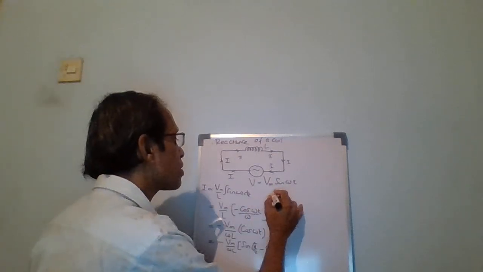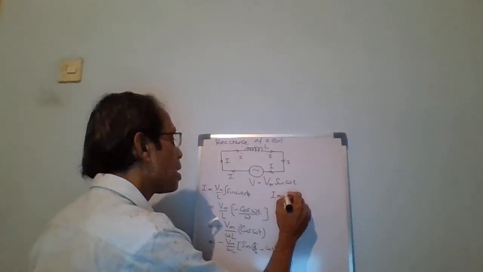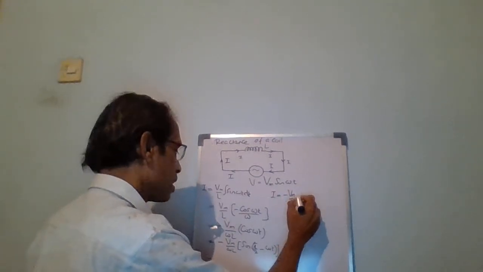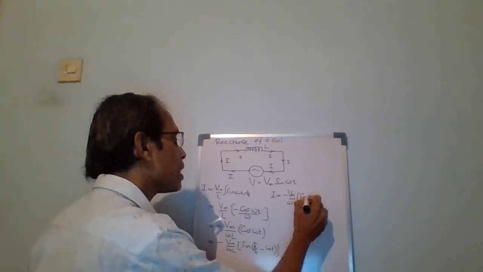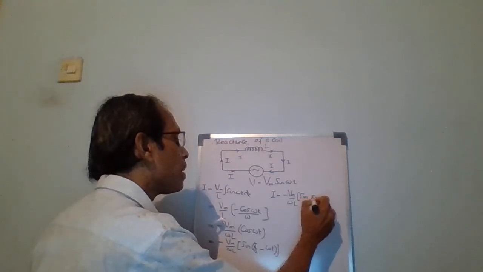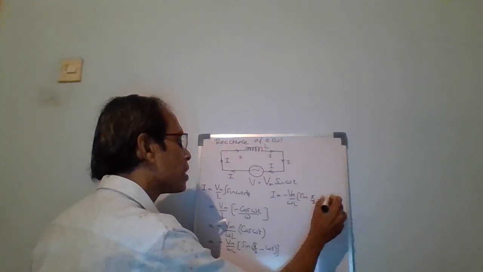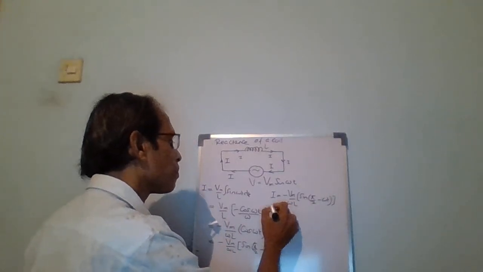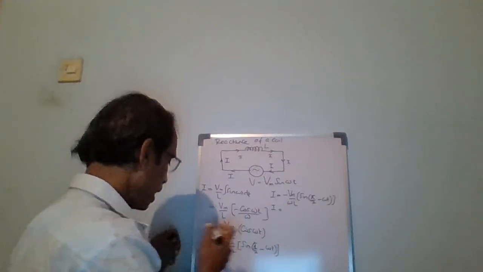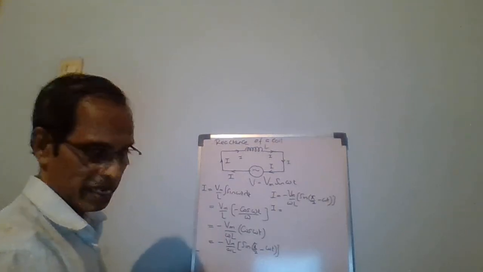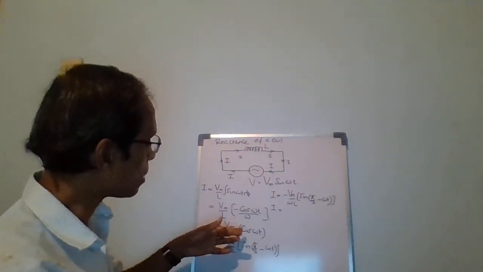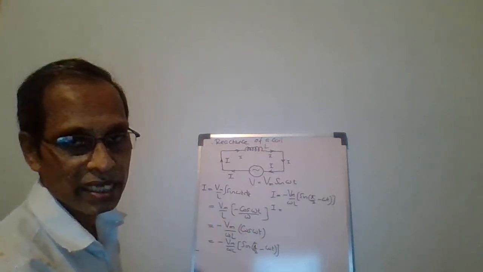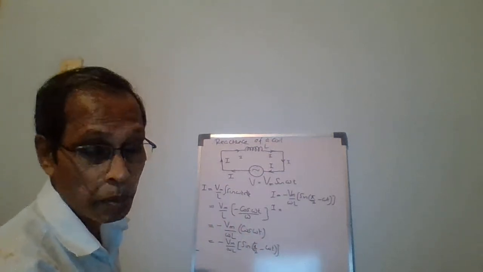That is, I is equal to minus Vm divided by omega L sin(pi divided by 2 minus omega t). Actually this is trigonometry. No electrical concept is used here. Cos theta is equal to sin 90 minus theta. It's fundamental trigonometry.